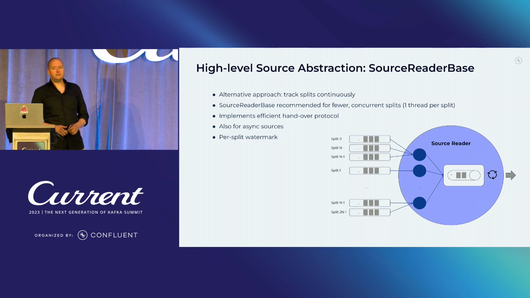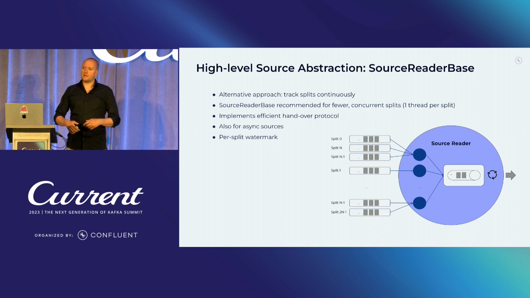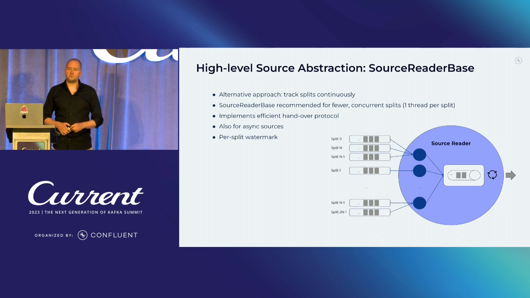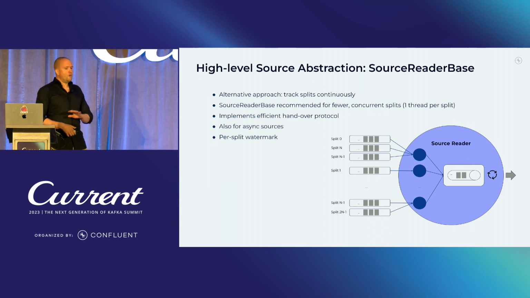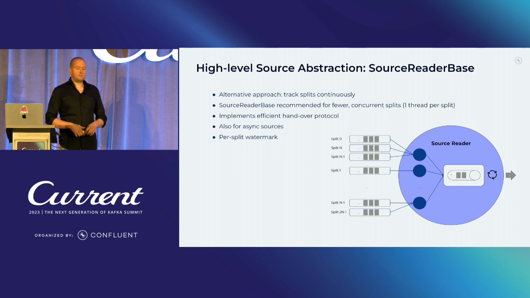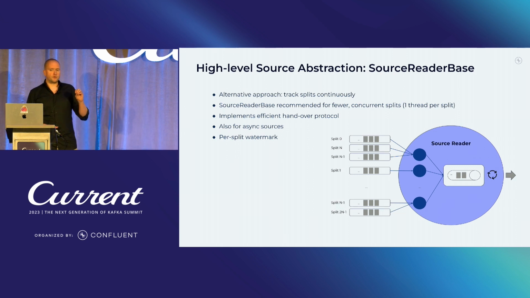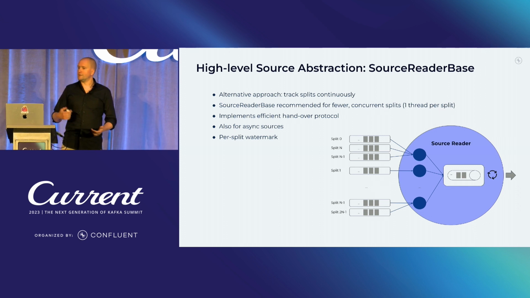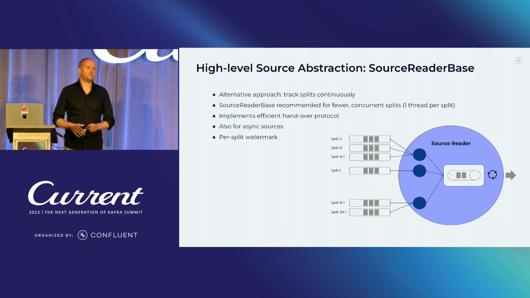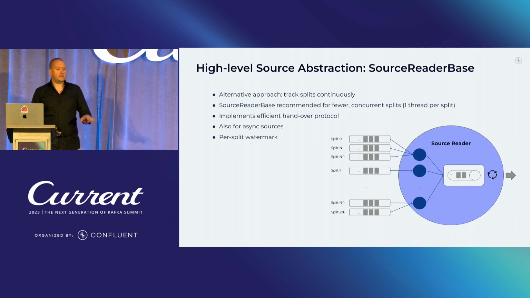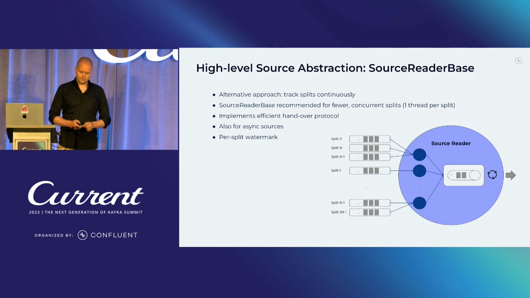And if you're using the source reader base, the source reader can maintain state about the progress of each split that it's reading, which is particularly useful if you have long-living splits that need to be continuously pulled. Overall, it can really simplify the implementation of any custom source in Flink, because you only have to focus on the core functionality of fetching and processing records. You don't have to worry about split tracking and state management at all. And in the end, this is the recommended way to implement a source connector.